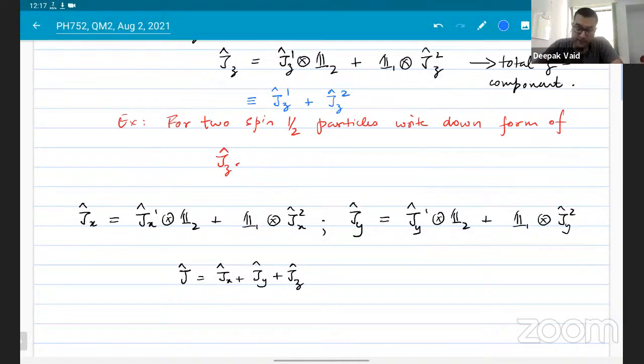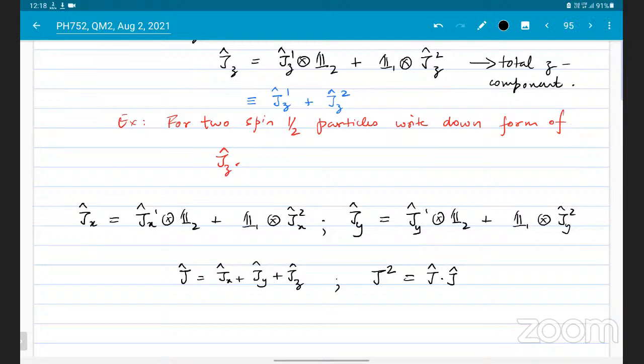If you don't keep that in mind, you will get lost at some point. So this is the total angular momentum operator. Similarly, we can also define the total angular momentum squared, which is J dot J.